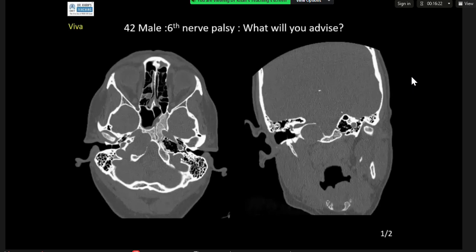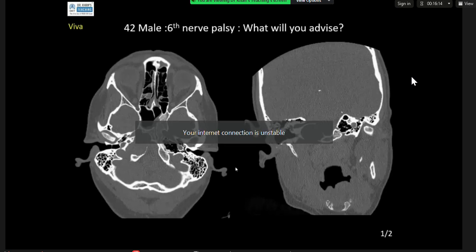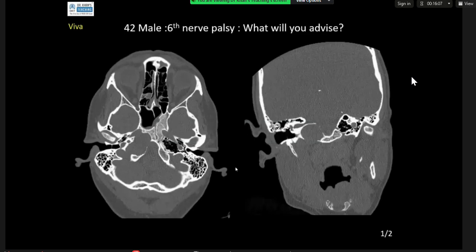So we've got a 42-year-old male with a history of 6th cranial nerve palsy. So I'm just going to take a moment to interrogate the selective axial and coronal images on CT.